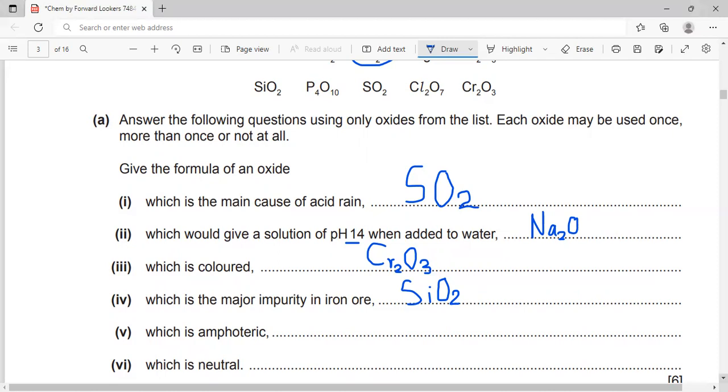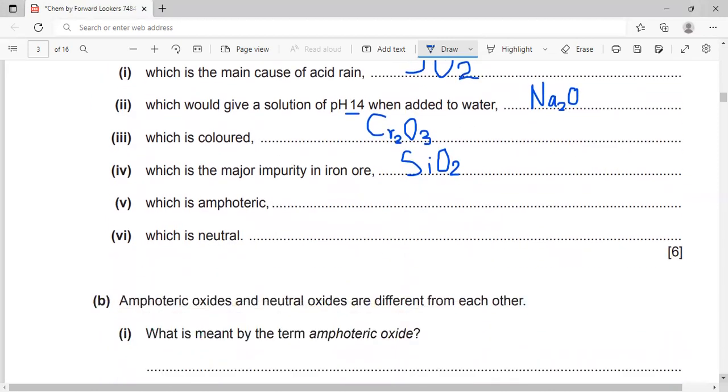Which one is amphoteric? Hopefully, I believe that you remember your amphoteric oxides. Amphoteric oxides are a curious group of oxides that can behave as both acids and bases, depending on whether the other reactant is an acid or a base.